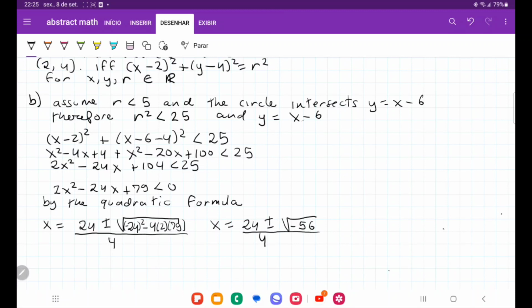And therefore, I have here that x, let's see, 56. If I factor out a 2, I'm going to have here that x is going to be equal to 24 plus or minus, that is going to be the square root of negative 14.